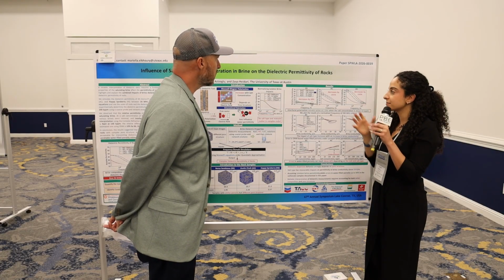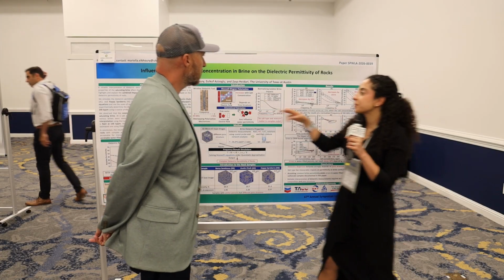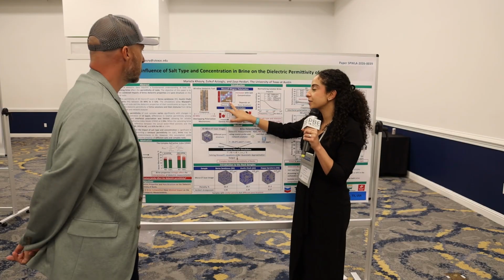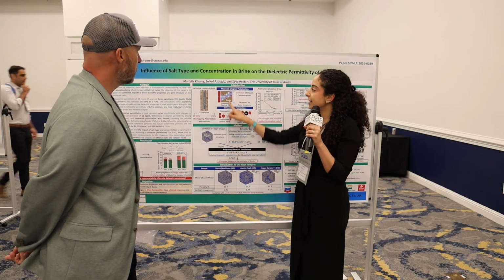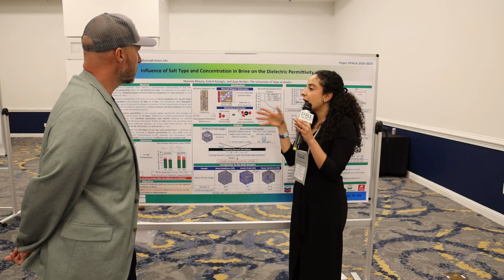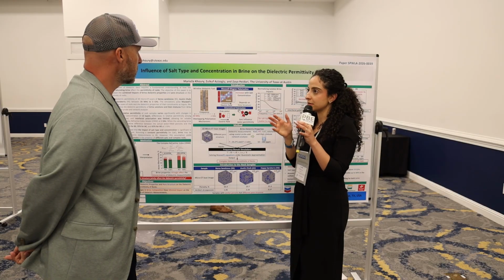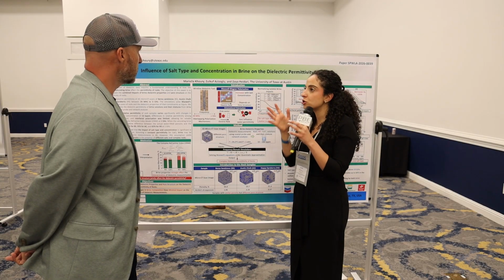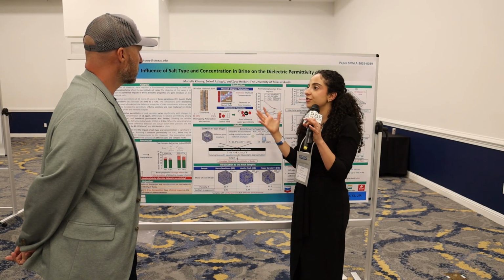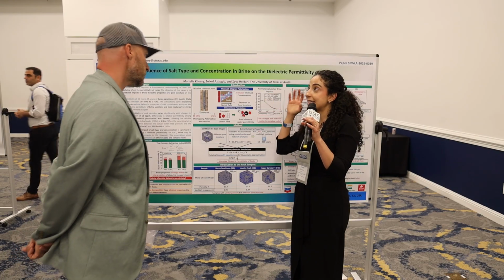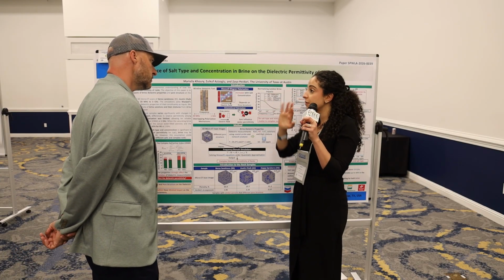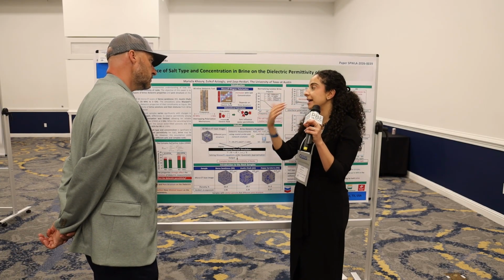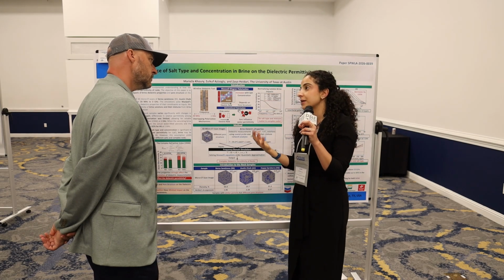Yes, because in this polarization mechanism, you apply an electric field and you have ions. These ions will try to follow this electric field. But when you have complex pore structure, some of them cannot reach there, so they get accumulated on the surface of the rock, and this causes an increase in energy storage.